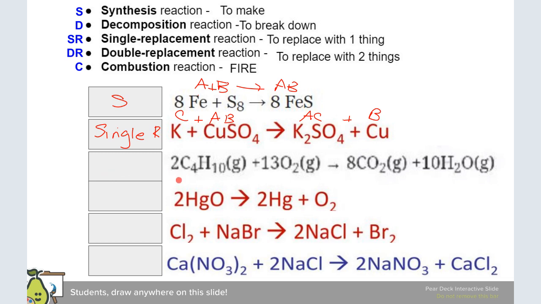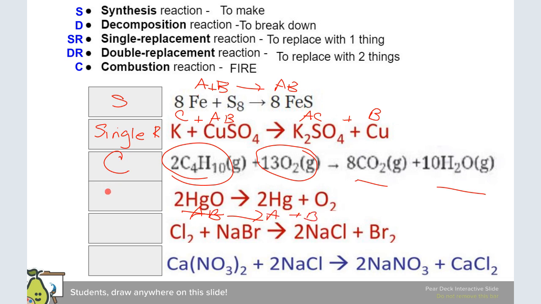All right, here's the carbon, hydrocarbon and oxygen. We get CO2 and water. So that's our combustion. So we have, this is a breakdown. So we've got an AB, gives us A and B. So this is our decomposition.